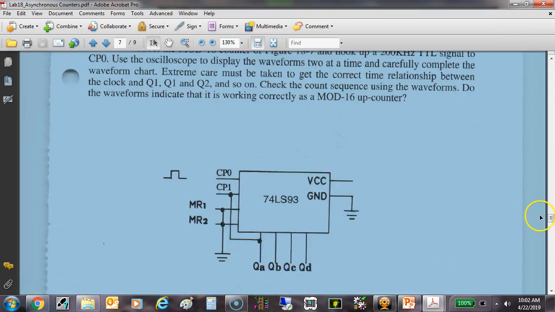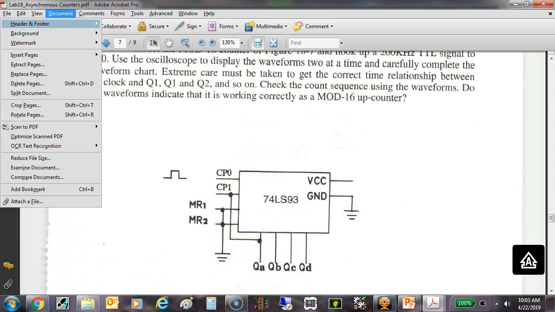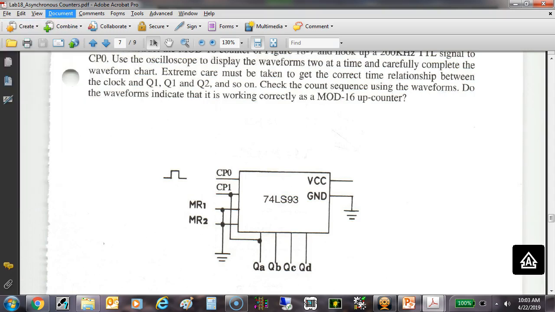So let's reword these the way the data sheet is, or rename these, because like I said, you won't see these on any data sheet that I've ever seen. So this is clock A.